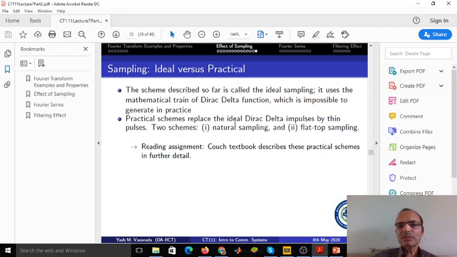The impulses are replaced by thin pulses, and then how to do that sifting operation in time domain is another design aspect. And there are two ways. One is called natural sampling, another is called flat top sampling.